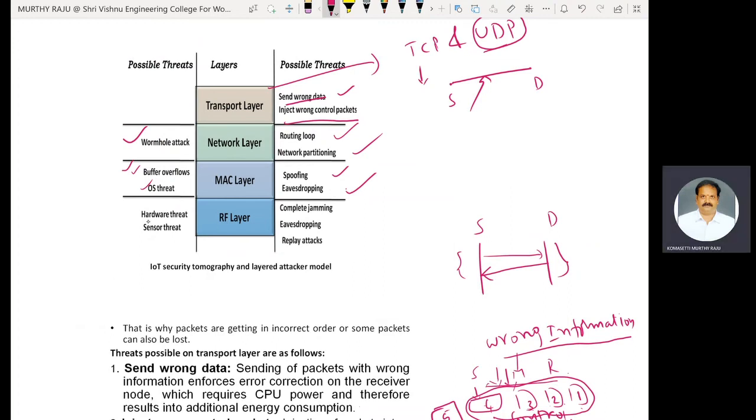In the radio frequency layer, the hardware threat is direct electrical access to the internal components of the device, microprocessors, memory, etc. Due to that attack, the behavior of the nodes changes. Sensor threat is also like that. Next, jamming, eavesdropping, and replay attack. These are the attacks which are possible at the radio frequency layer.